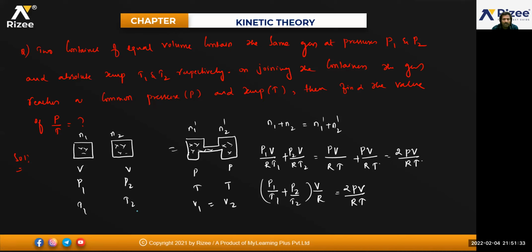This R and this R will get cancelled, and this V and this V will get cancelled. So from this I can write P by T will be equal to, this 2 will go down, so this will become 1 by 2 into P1 by T1 plus P2 by T2. This will be your answer. Check it out, beta.